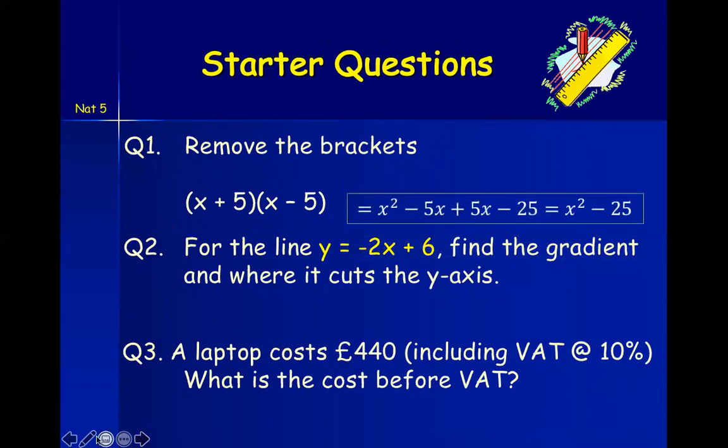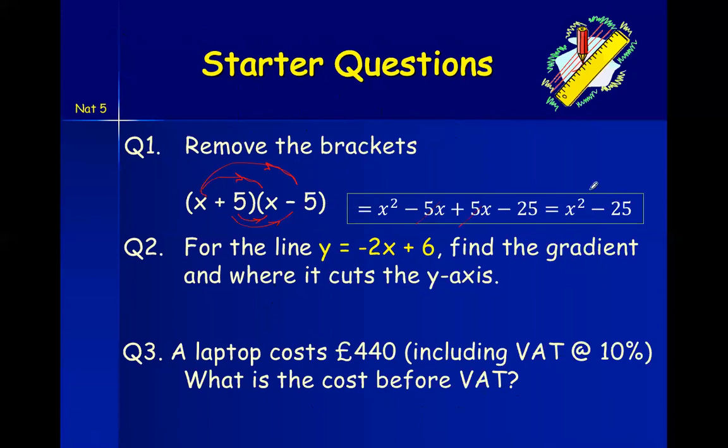So we're not going to do this one. Yeah, I could quickly go through it. This is about revision. Basically here you would do x times x as your x squared, minus 5x, and then 5 times x, that's 5x, negative 25. So x squared minus 5x plus 5x, those two cancel each other, and you should get a difference of 2 squares. You probably didn't need to do all this.